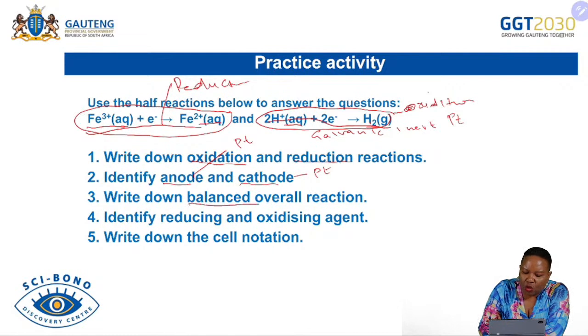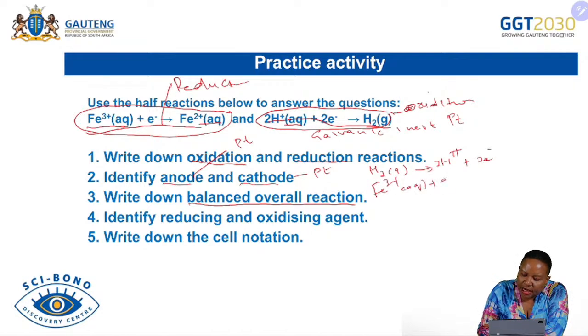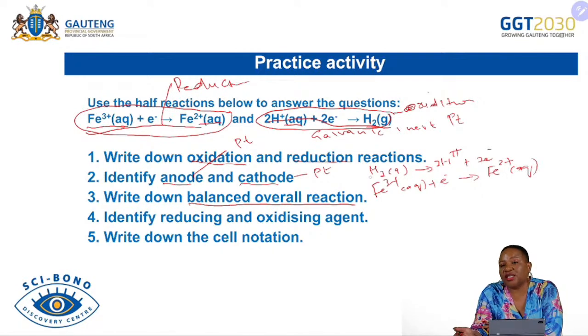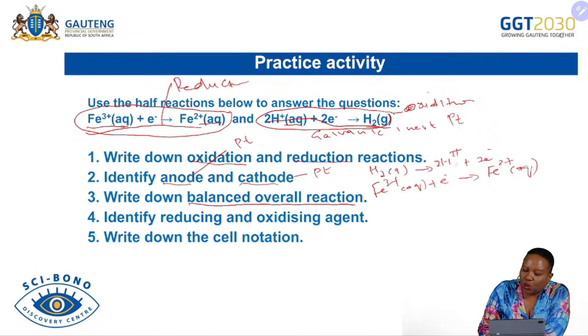And then write the overall reaction. Because we have identified the hydrogen half cell as our oxidation, H2 gas giving 2H plus and 2 electrons, the other one is going to be Fe3 plus aqueous plus an electron giving us Fe2 plus aqueous. You can see that the number of electrons that hydrogen gas is giving is not sufficient for the iron 3 plus to accommodate them. Therefore, we need to balance our equation. Here is 1, here is 2, so we multiply this side with 1 and this side with 2.